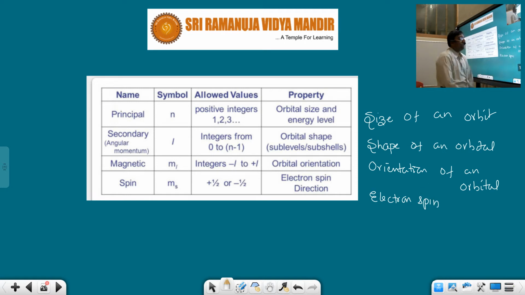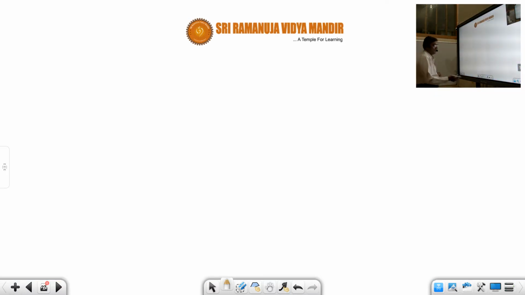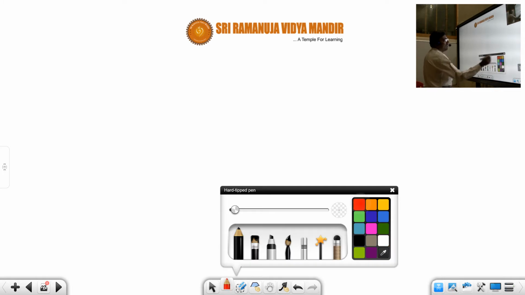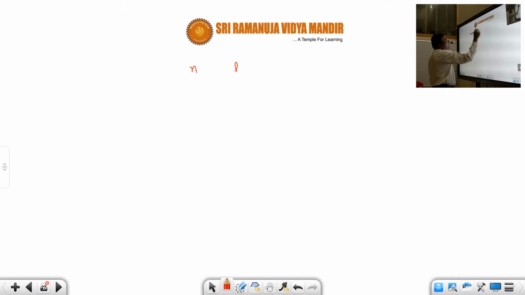Now, these quantum numbers are applicable for different elements. So, I am going to teach you how to write quantum numbers for different elements. Let us take here N, L, M, S values.